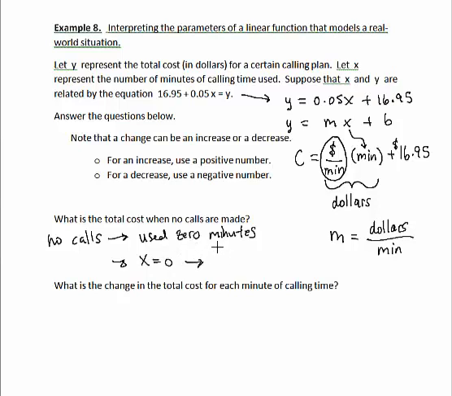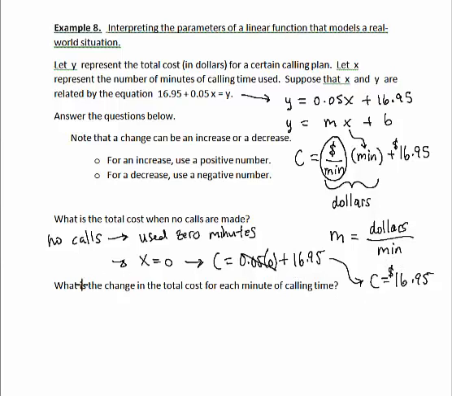If we take our equation, c equals 0.05 times x plus 16.95, and we go back and replace x with 0, the 0 times 0.05 is going to get knocked out. And so this is going to give us our cost is $16.95. So even if we don't make any calls, we have to pay $16.95. And this is in dollars.